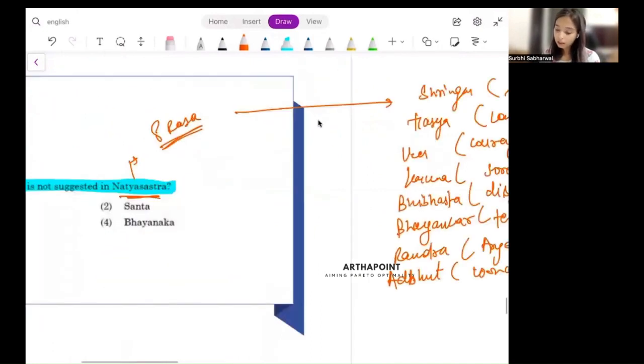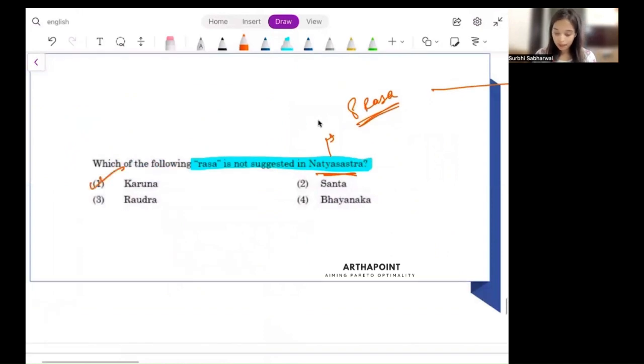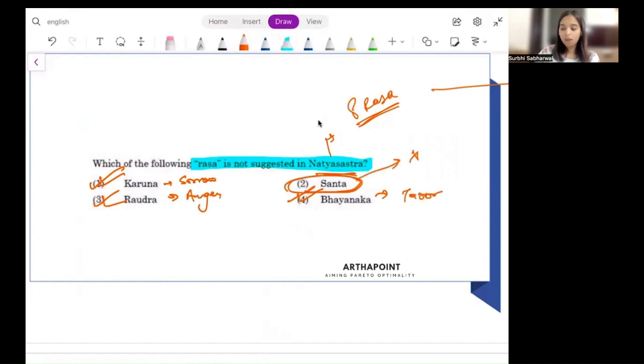So let us look at the options. Karuna is there because it means sorrow. Raudra is there, which means anger. Bhayanaka is there, which means terror. Shanta is the one rasa that is not suggested by Natya Shastra.